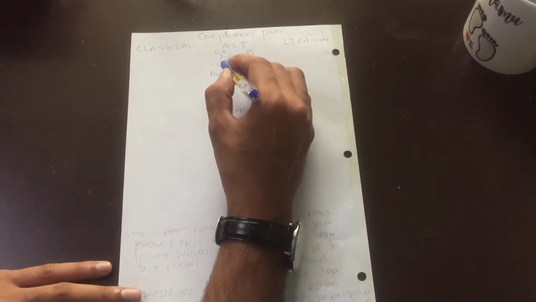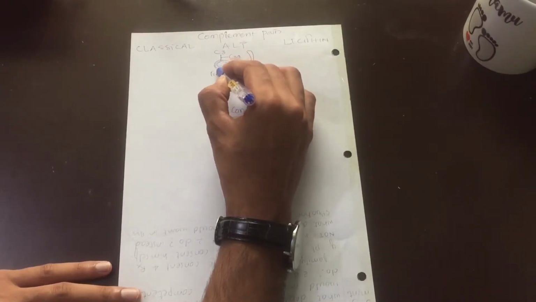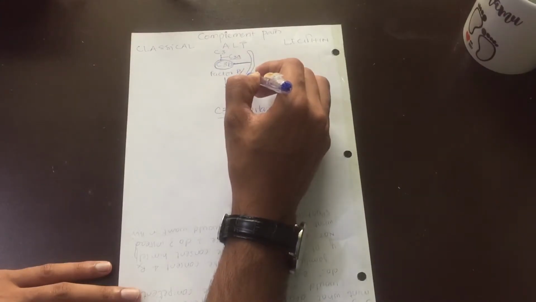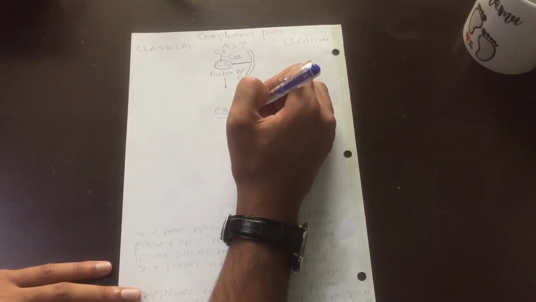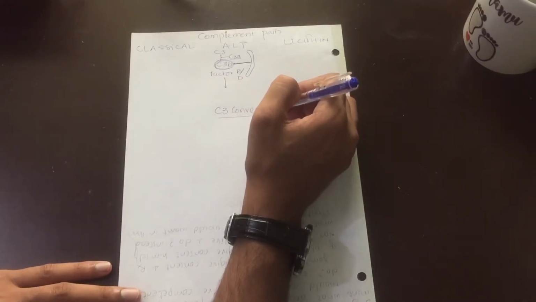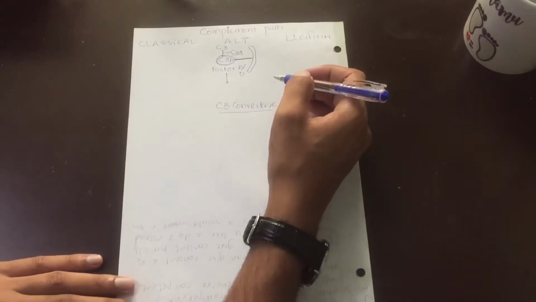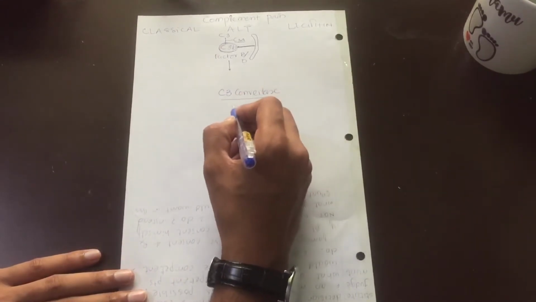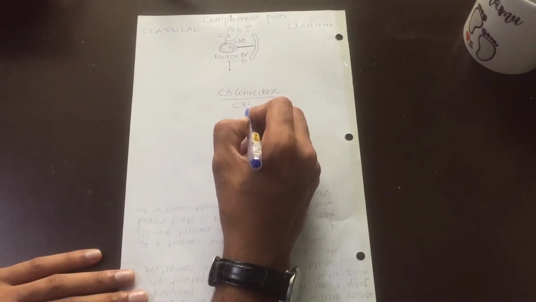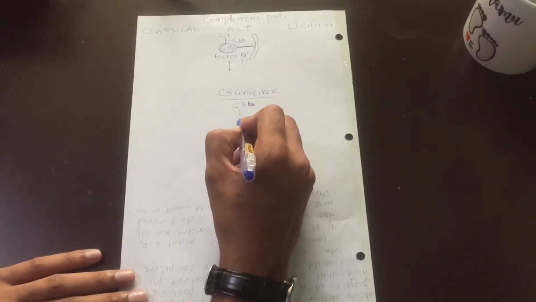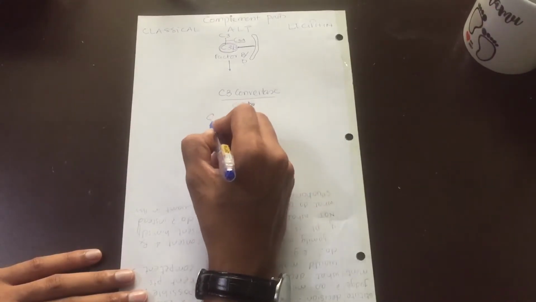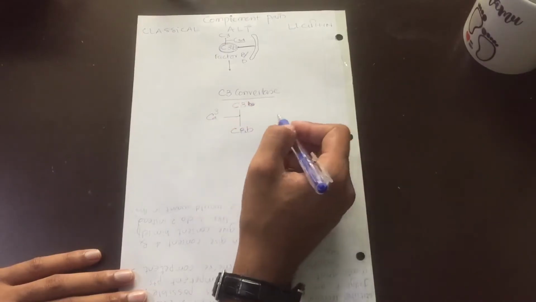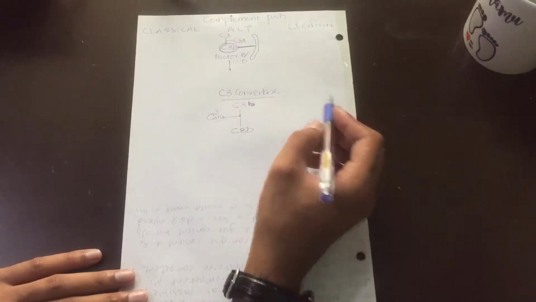So C3b attaches to the bacterial surface, is activated by factor B, and converts into C3 convertase, and this C3 convertase then converts C3 to C3b along with C3a, which is an anaphylatoxin.